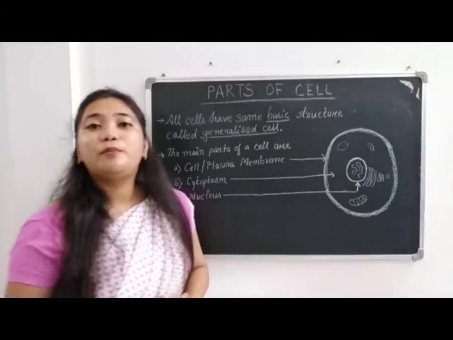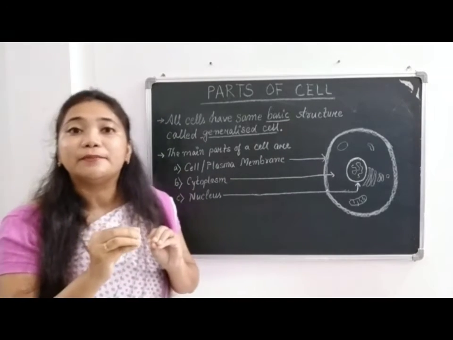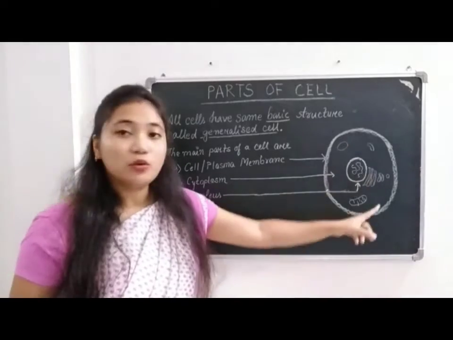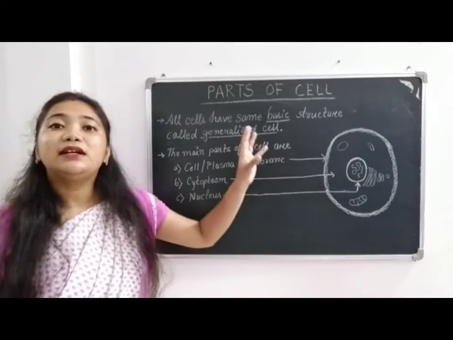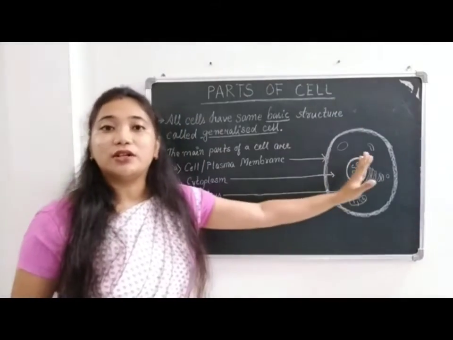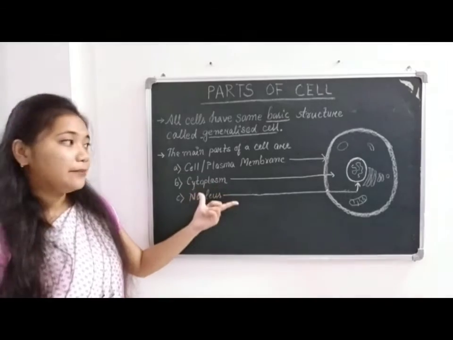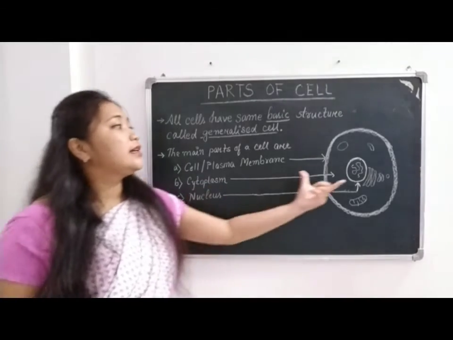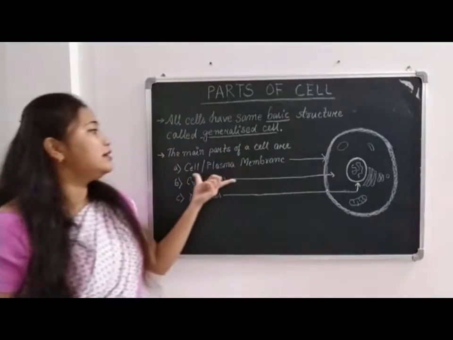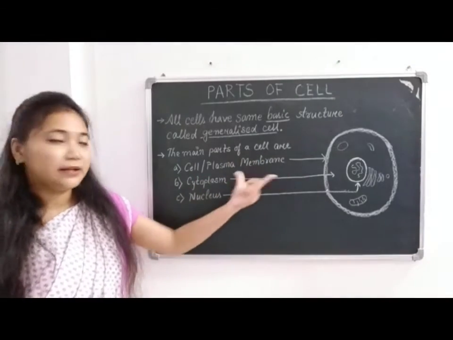In that fluid portion many other substances remain suspended. That means inside it there will be many other substances. And this fluid structure is called the cytoplasm of the cell. The cytoplasm is contained inside the cell membrane or the plasma membrane.